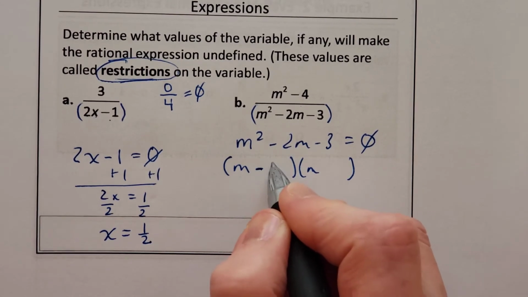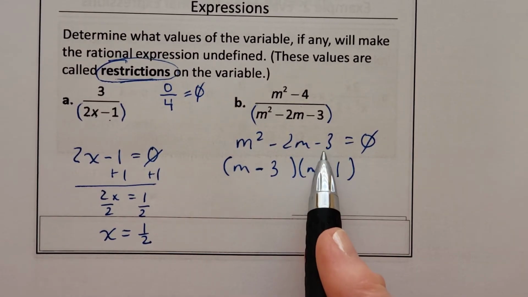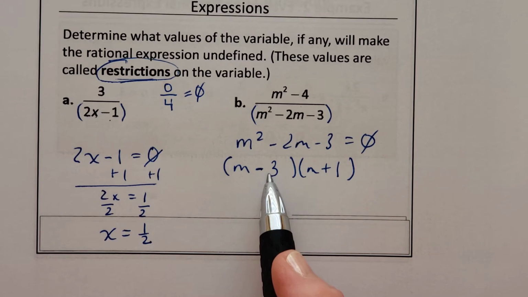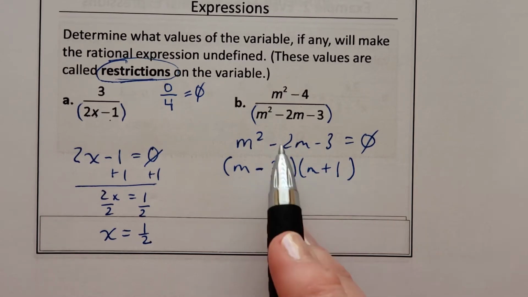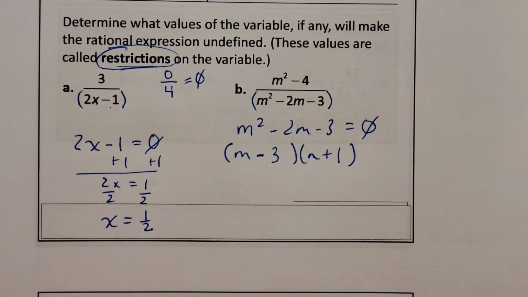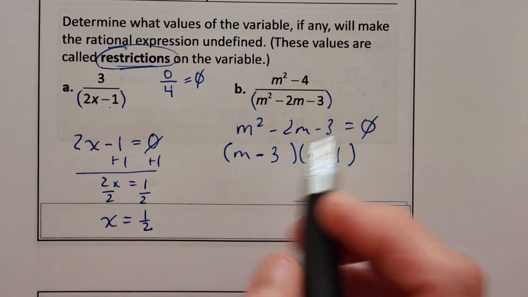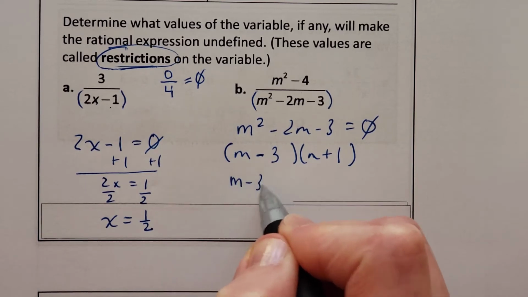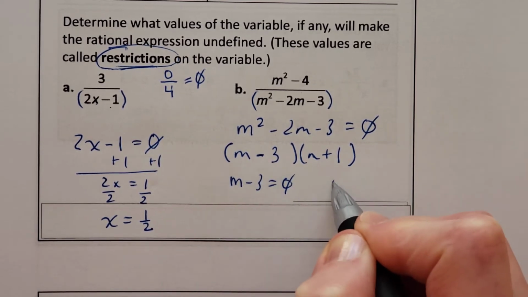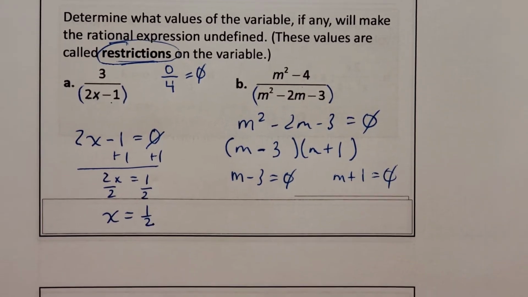So does -3 times +1 equal -3? Yes. Does -3 plus 1 equal -2? Yes, that's exactly right. Now remember, to solve quadratic equations in our last unit, we had to set both of these equal to 0. And we're doing this to figure out what our restrictions are.